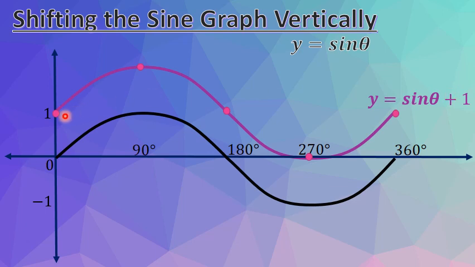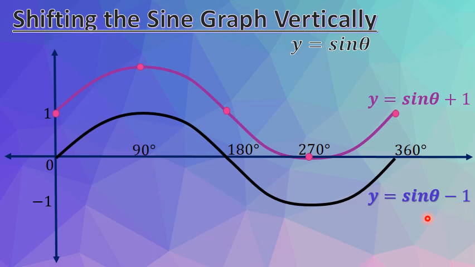So 1 represents the center line of the wave. It represents the vertical shift. Okay, so that 1 over there is very significant. It must always match up to what we know as the y-intercept, or the center line of the sine wave.